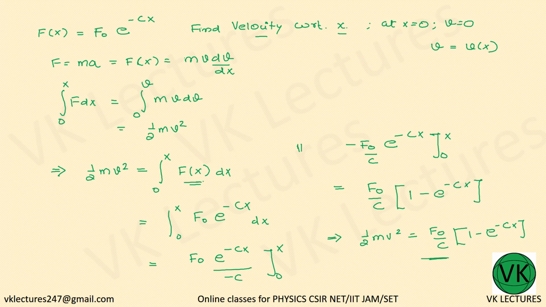So we can write, bringing this half m to the right side, v square is equal to 2f naught by mc into 1 minus e to the power minus cx.